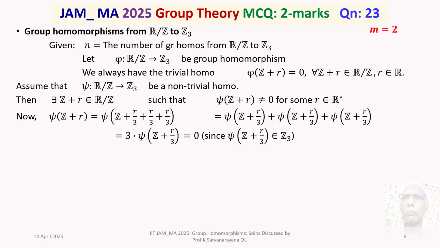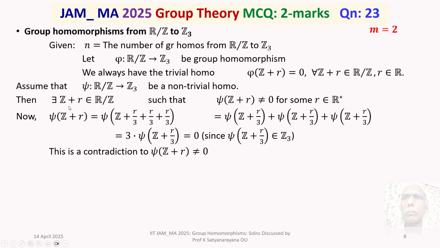In Z3, 3 times an element is 0 because it's under addition modulo 3. So 3 times psi of Z plus R by 3 in Z3 is 0. So this means psi of Z plus R is equal to 0.